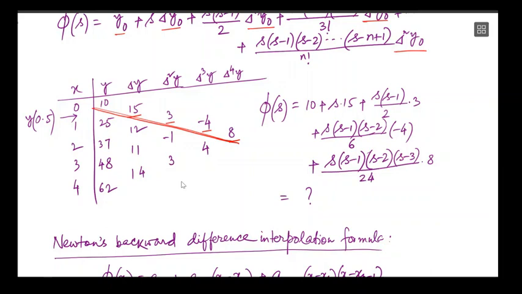And if we are asked to find the value of the function near the end of the table, suppose if I have been asked to find the value of y at 3.7, then we will use Newton's backward difference interpolation formula.